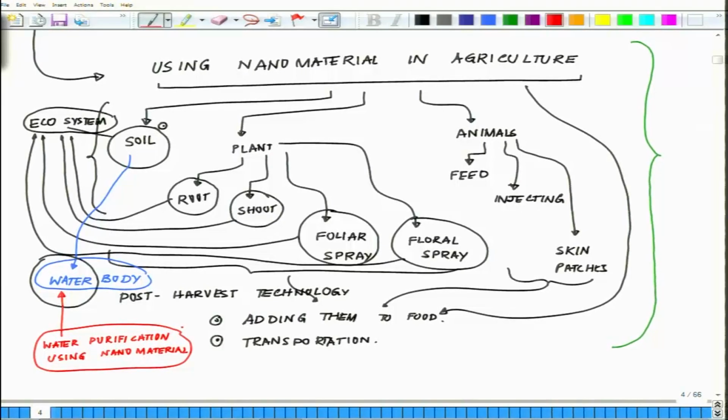Okay. Now, talking about direct applications in agriculture, nanomaterials could be used on different parts of the plant body: either for root treatment, or shoot treatment, or foliar spray or floral spray, as well as something I have mentioned earlier, seed treatment.